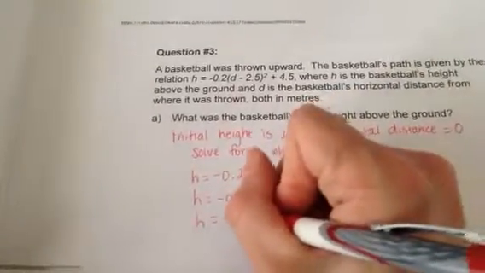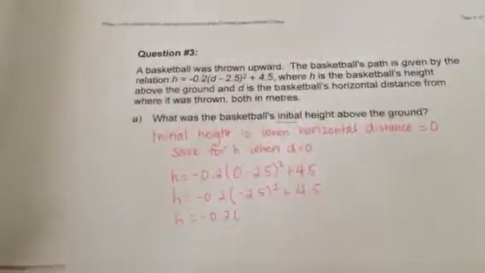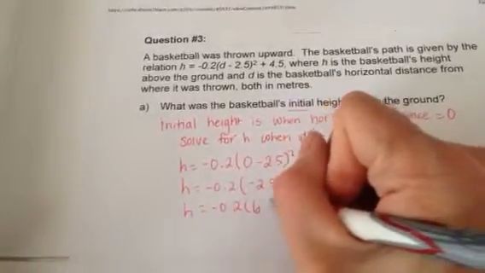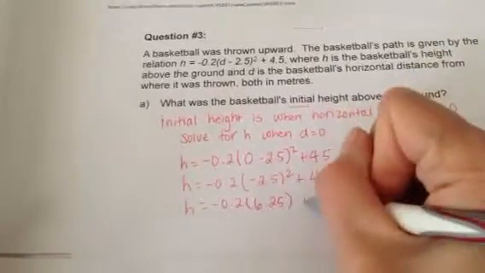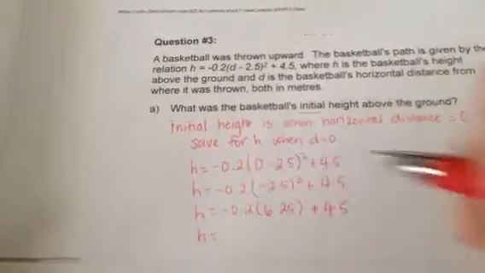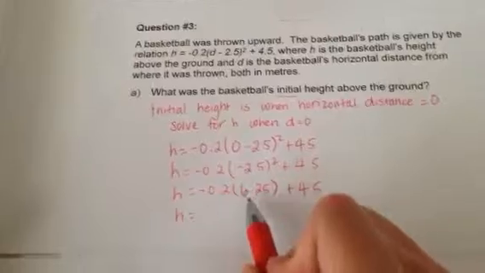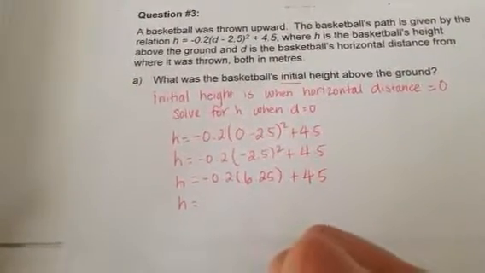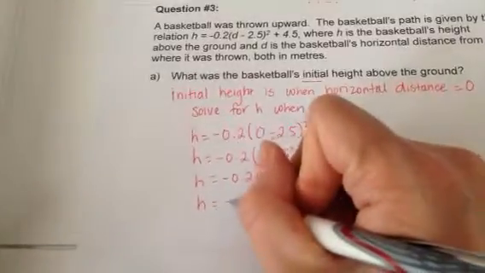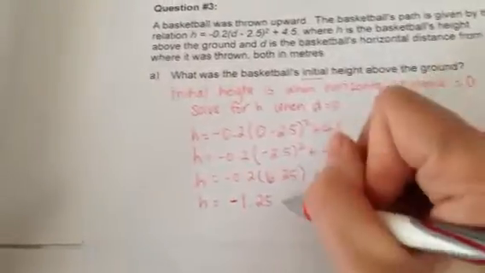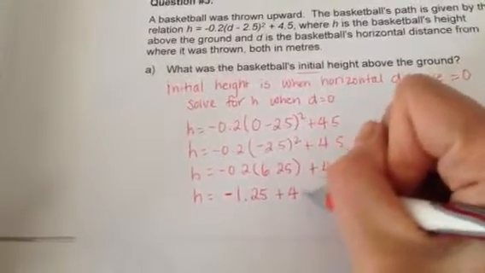Okay. So negative 2.5 squared is going to give us 6.25 plus 4.5. So here we want to calculate 6.25 times negative 0.2, which will give us negative 1.25 plus our 4.5.